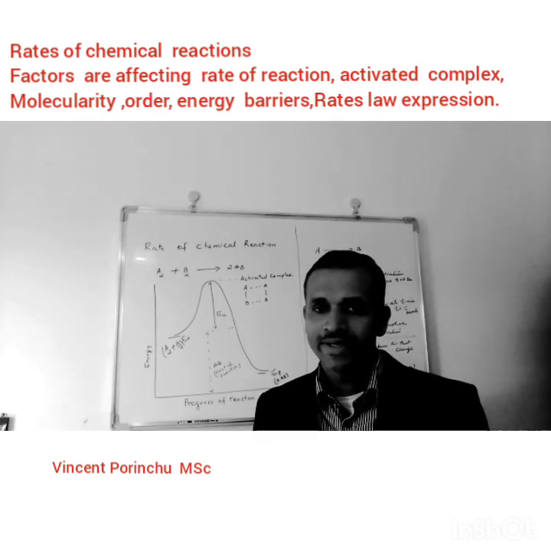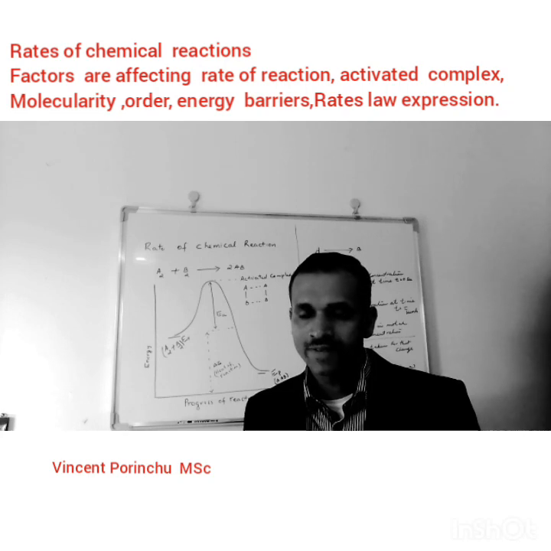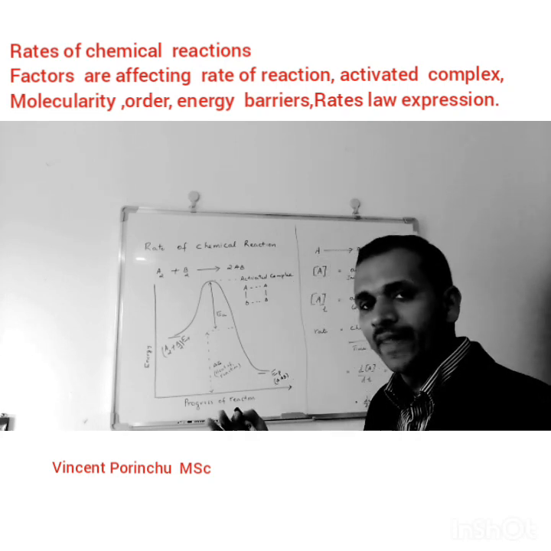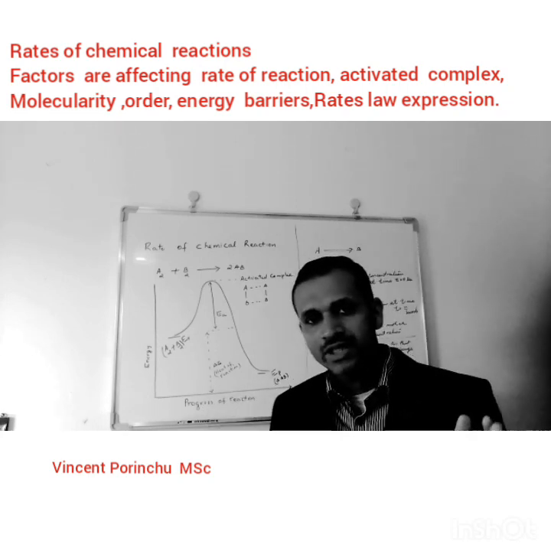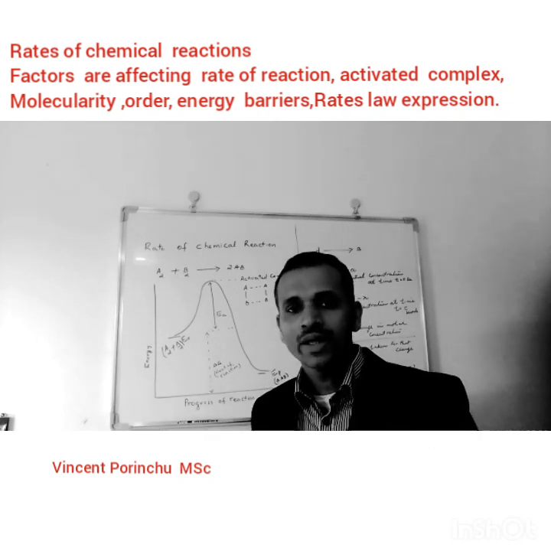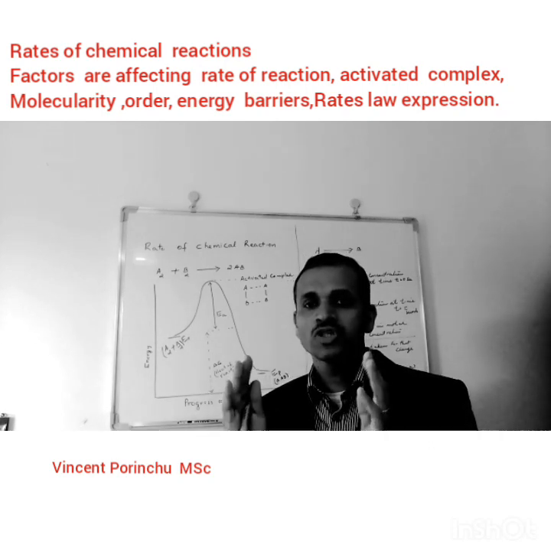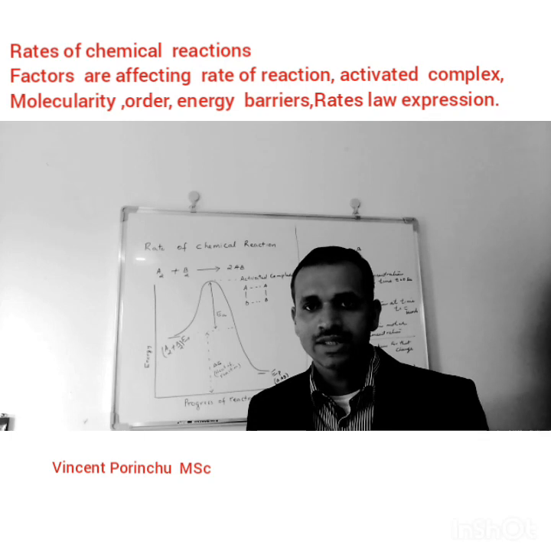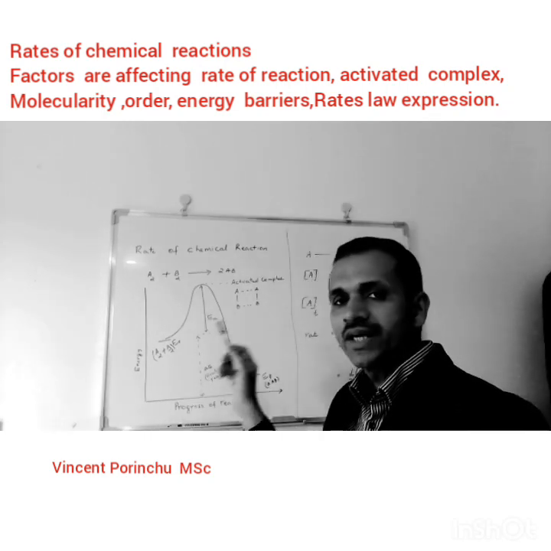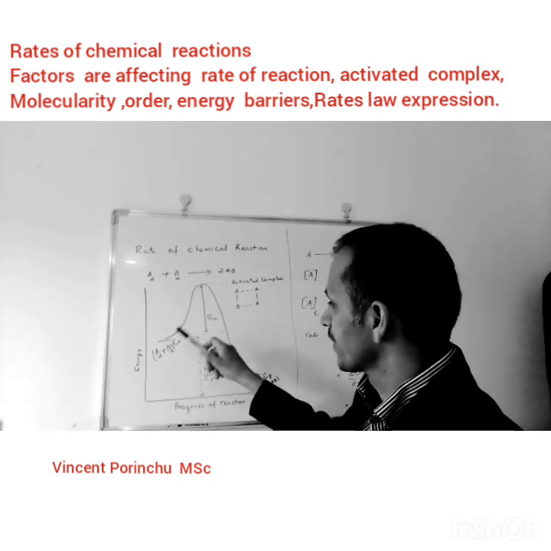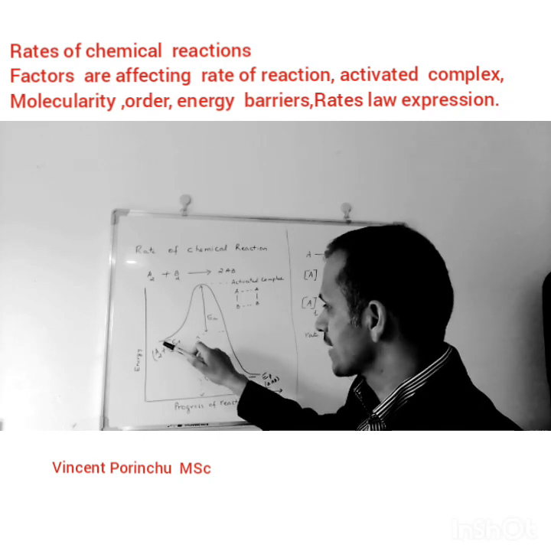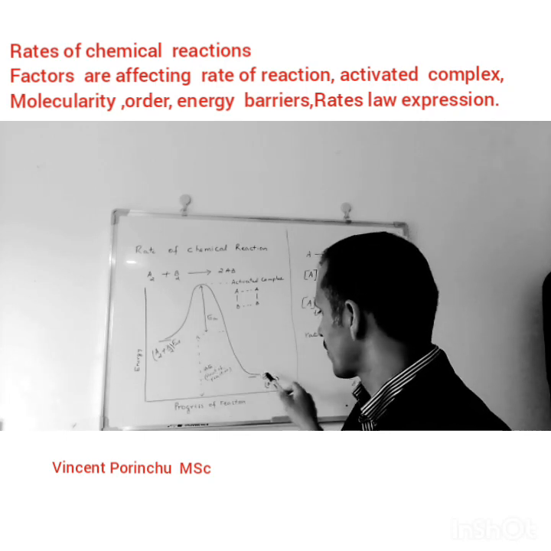EP means the energy of the products. In between the transformation from reactants to products, there is a complex stage, and in this reaction the reactants have higher energy than the products.